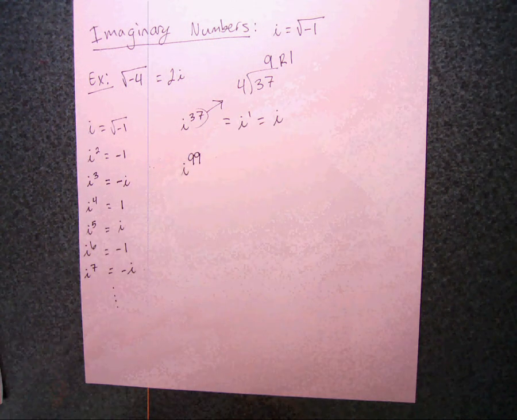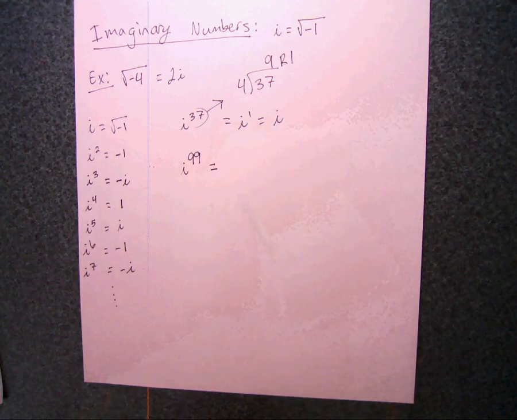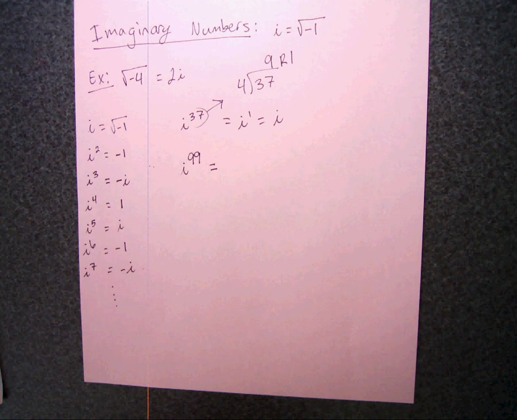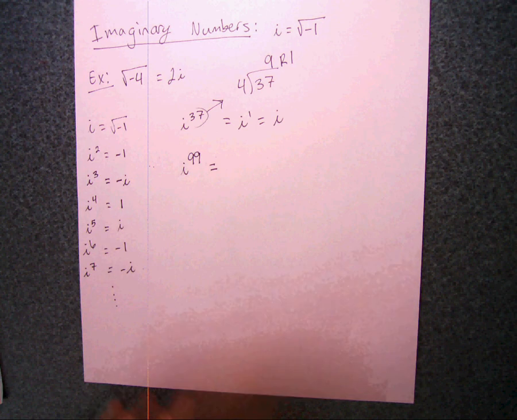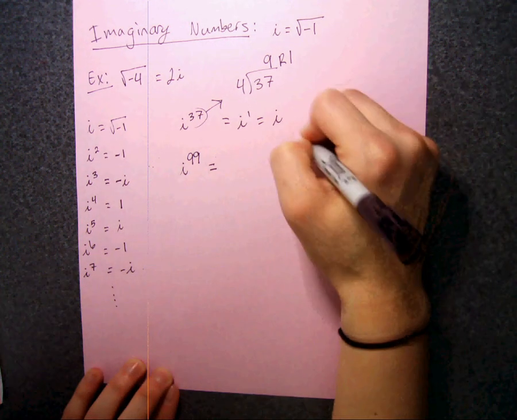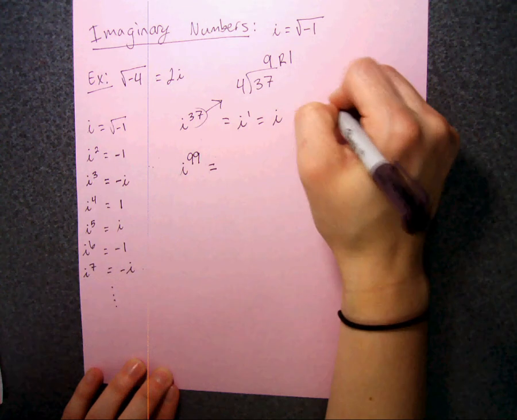Somebody tell me, what is i to the 99th power going to be equivalent to? 99 divided by 4 is 24 with a remainder of 3.